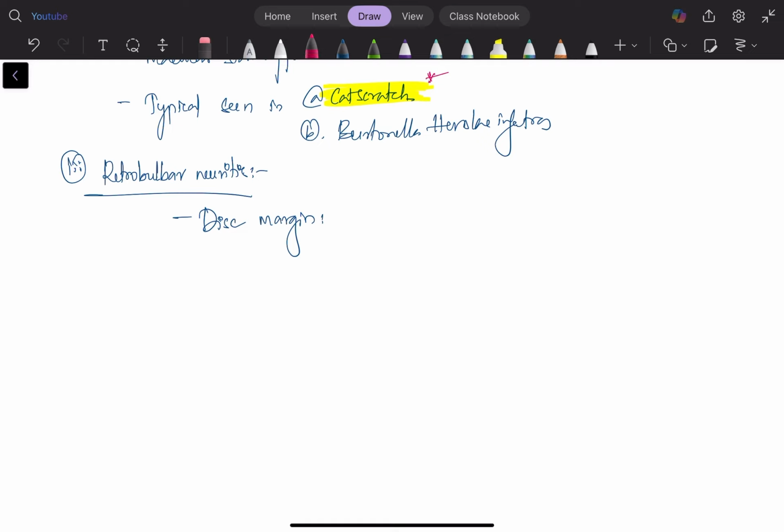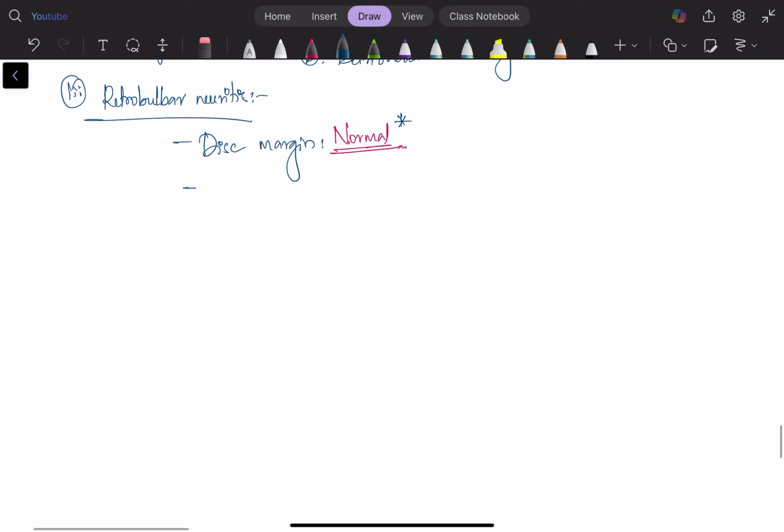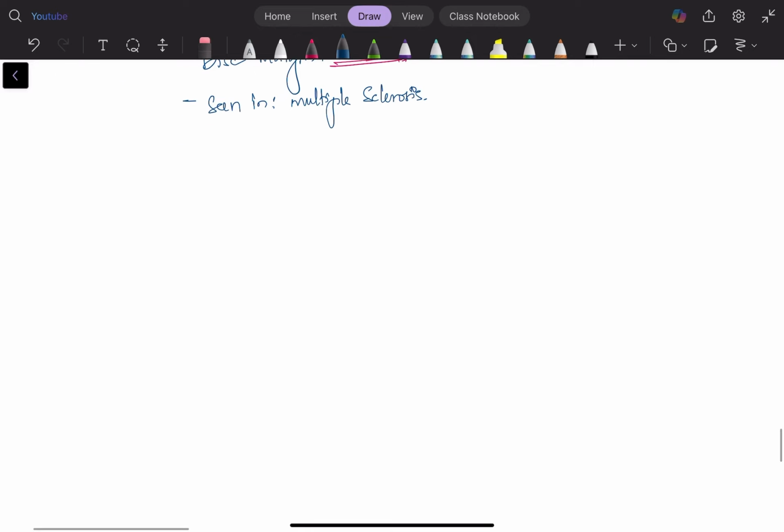So in retrobulbar neuritis, we have a normal disc margin. Very important. We will see this in multiple sclerosis. So we studied the types, then we'll come to the clinical features.